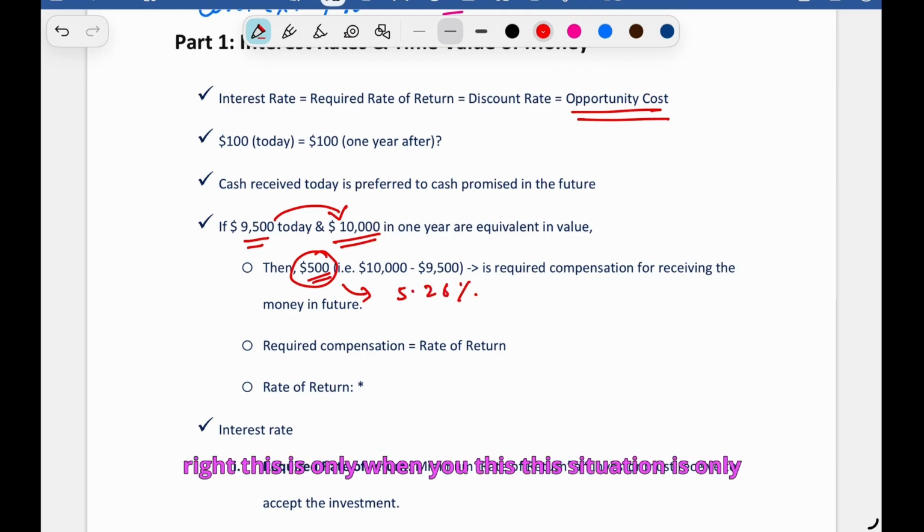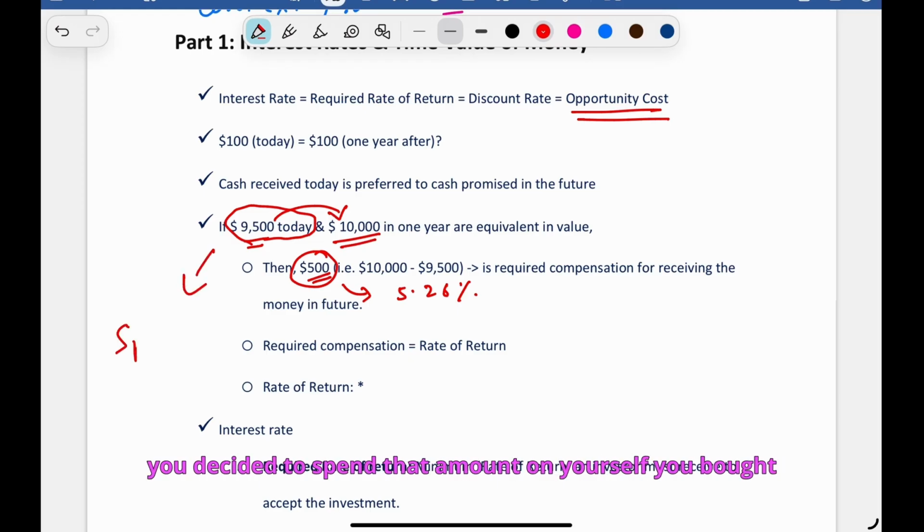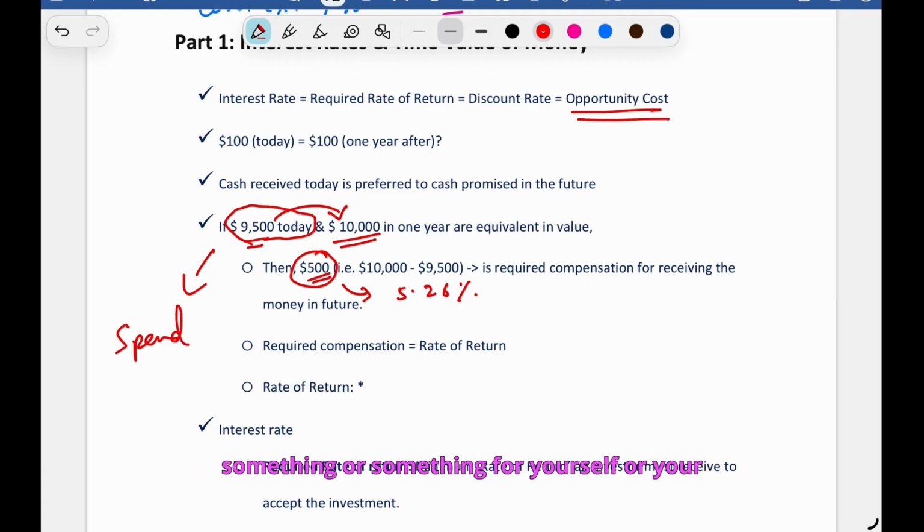This is only when you decided to invest this much amount today. But suppose you say, I don't want to invest 9,500 today, so you decided to spend the amount on yourself. You bought something for yourself or your family.